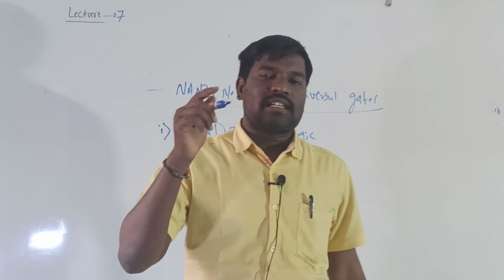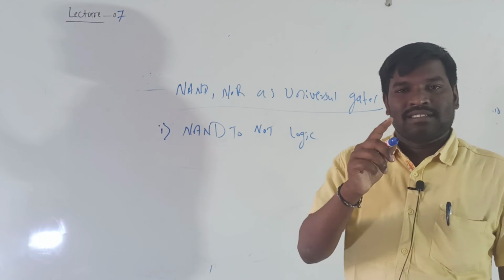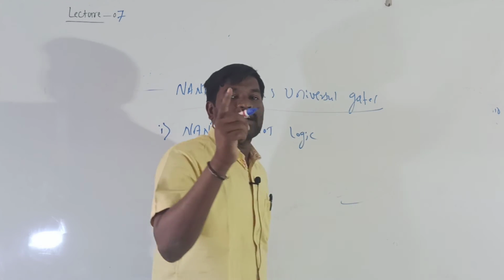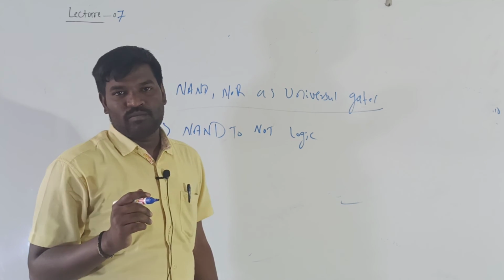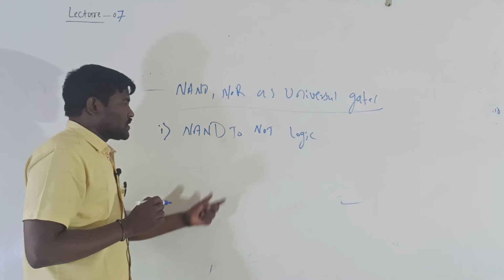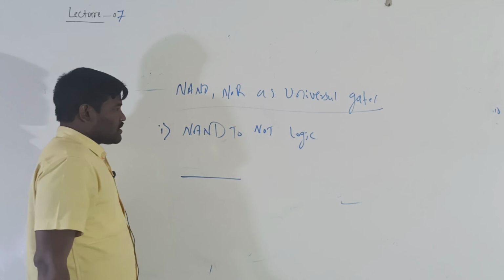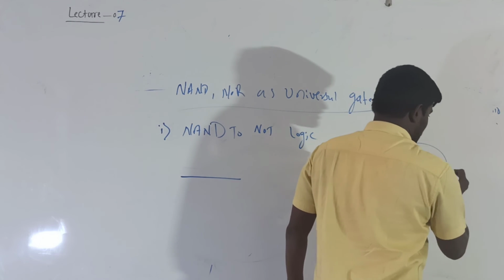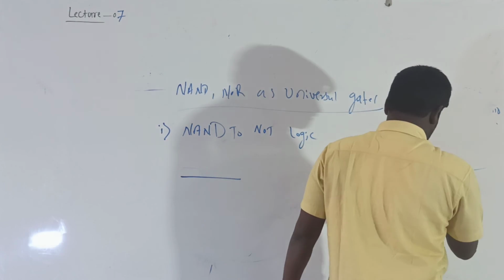And we already know that NOT is a single input. It will take only one input and one output. If I pass the X, the result must be X bar. Okay. So now I have to draw the circuit with respect to NAND. See here, in general X and Y, so this is the circuit diagram for NAND gate.